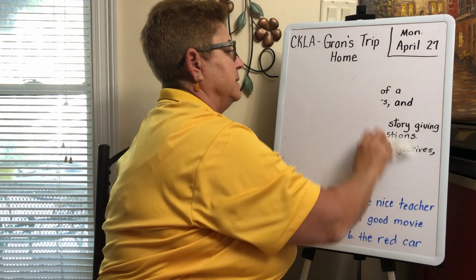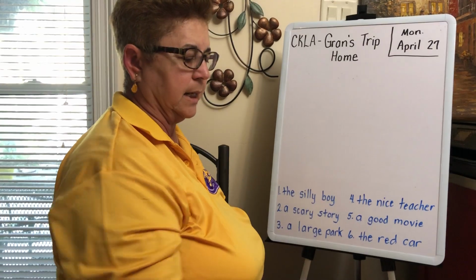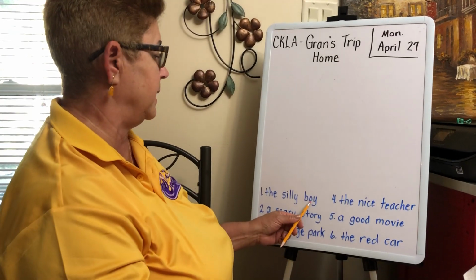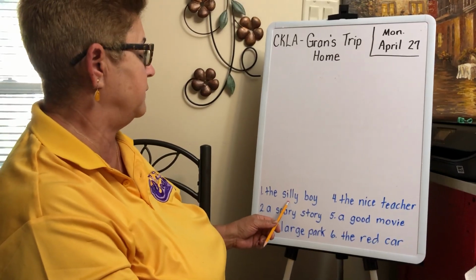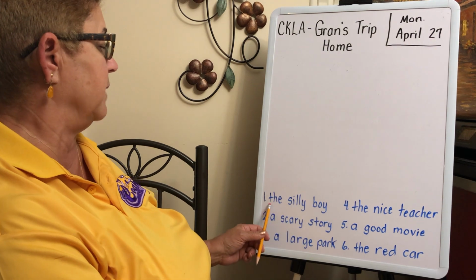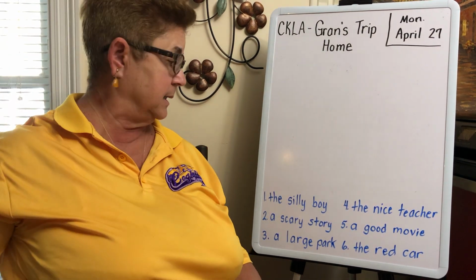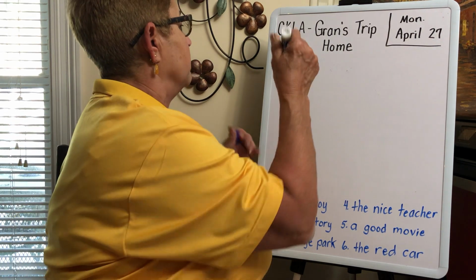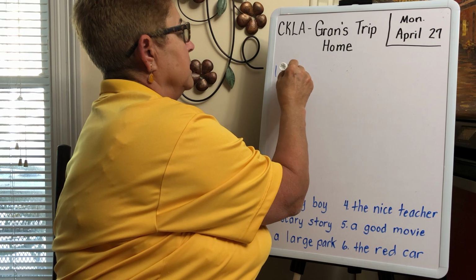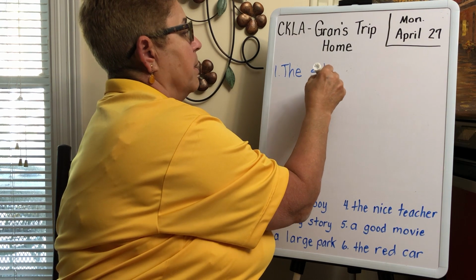Our first sentence says, the silly boy. And we know by now our noun is boy, and the adjective is silly. And since it's not a sentence, we don't have a capital T. But if we are going to make it a sentence, then we have to say number one, the capital T, silly boy.